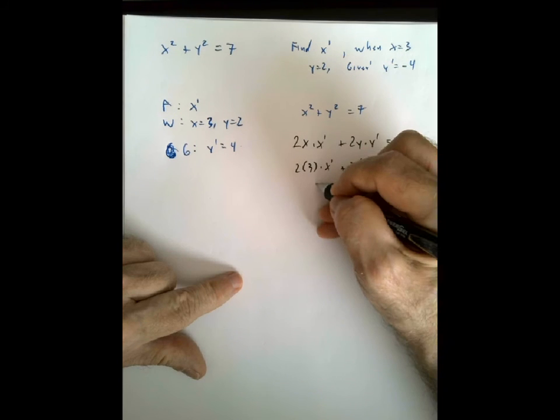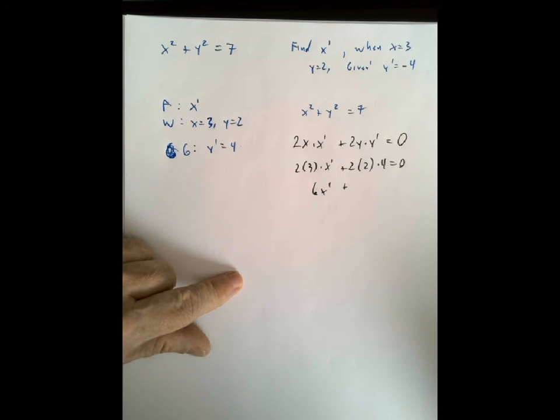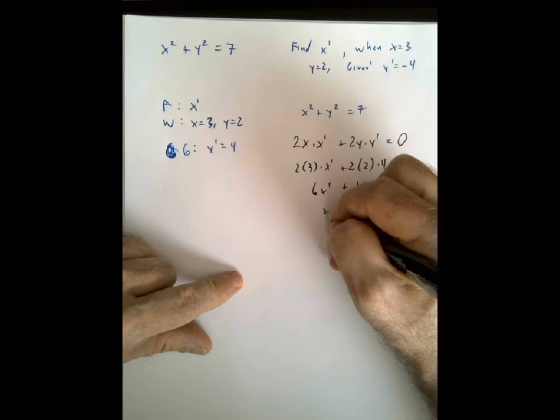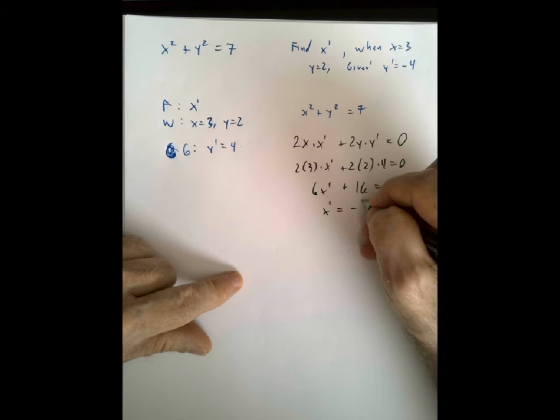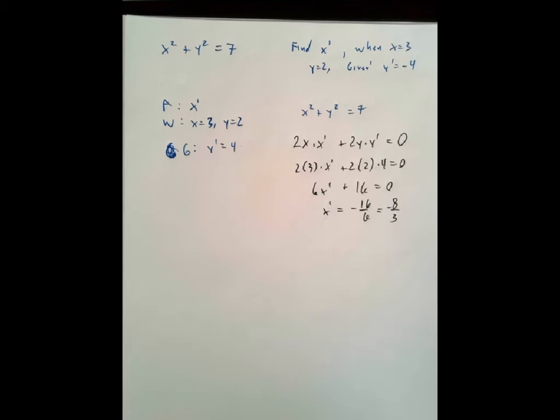So that's 6x prime plus 2 times 2 is 4, times negative 4 is negative 16, is equal to 0. So x prime, I think you can see, is going to work out to be 16 over 6, or 8 over 3. And again, that's a rate of change in feet per second, or dollars per hour, or whatever it is the function we're working on. Does that make sense?